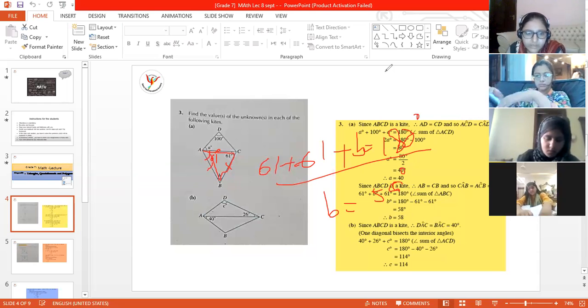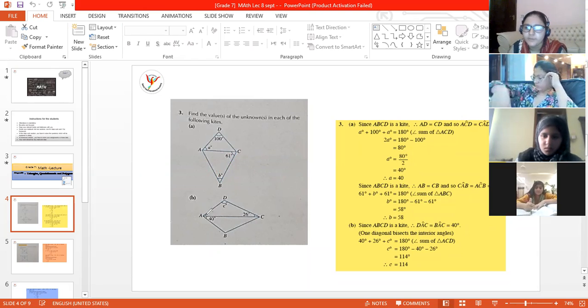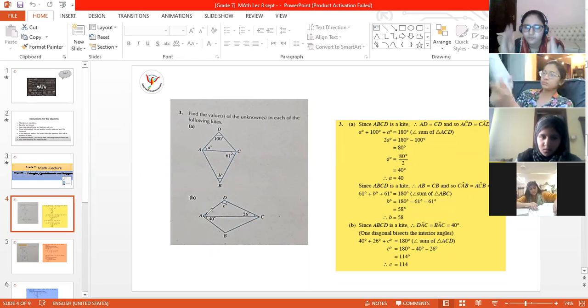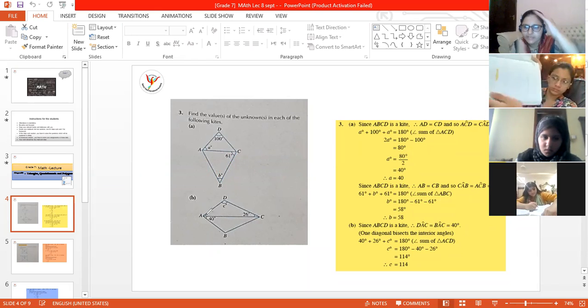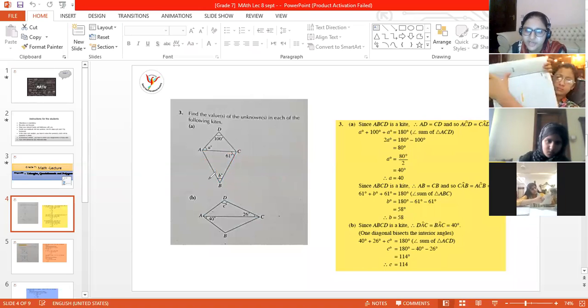Okay, fine. Now come towards part B. If you can see in part B, it is a kite. If you tilt your book like this, you will be able to see the proper kite figure. Tilt your book slightly so that it is the same as this shape.